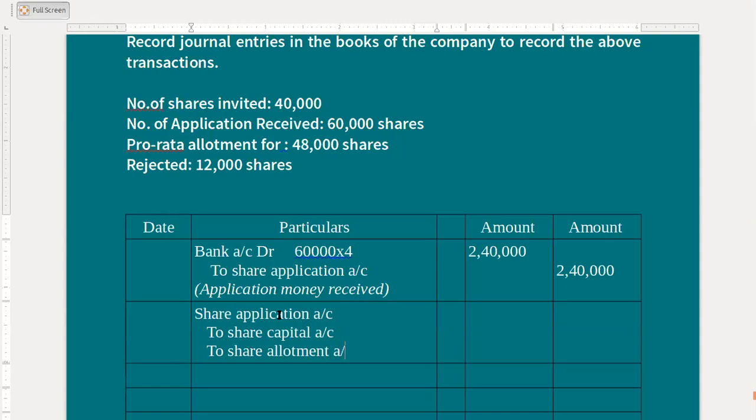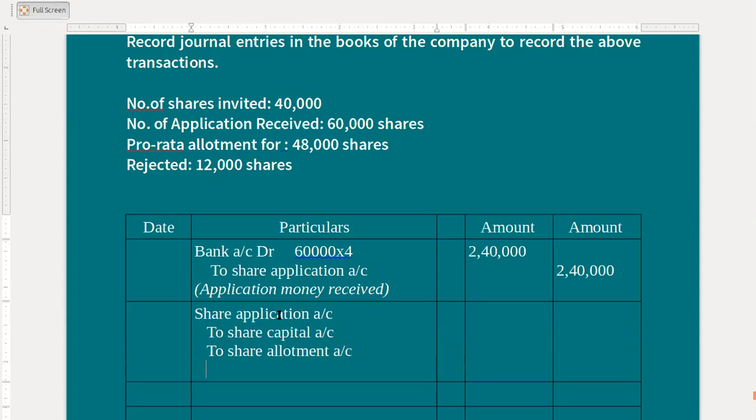Anything else? Yes, to bank account. Rejection is there. Rejected, to bank account. So what is the amount for share application account?